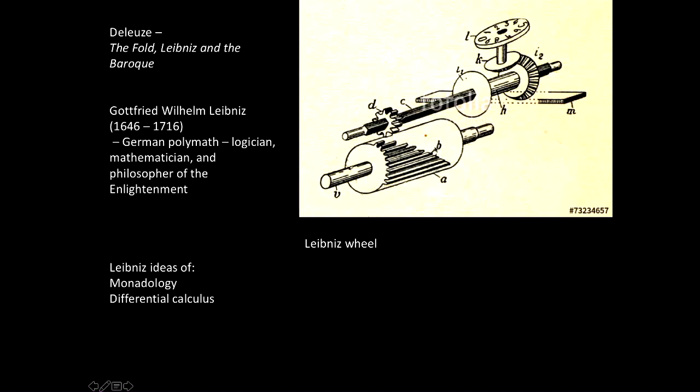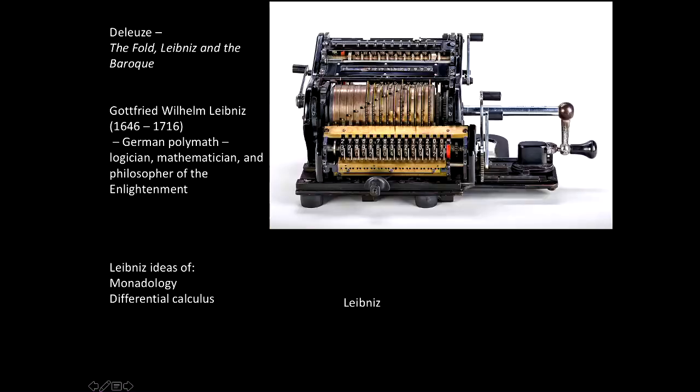I won't go into it, but it's because of inventions like this wheel that you can have the next iteration, a mechanical calculator like this one, based on this cylinder here, the Leibnizian wheel. So he's important to mathematics.